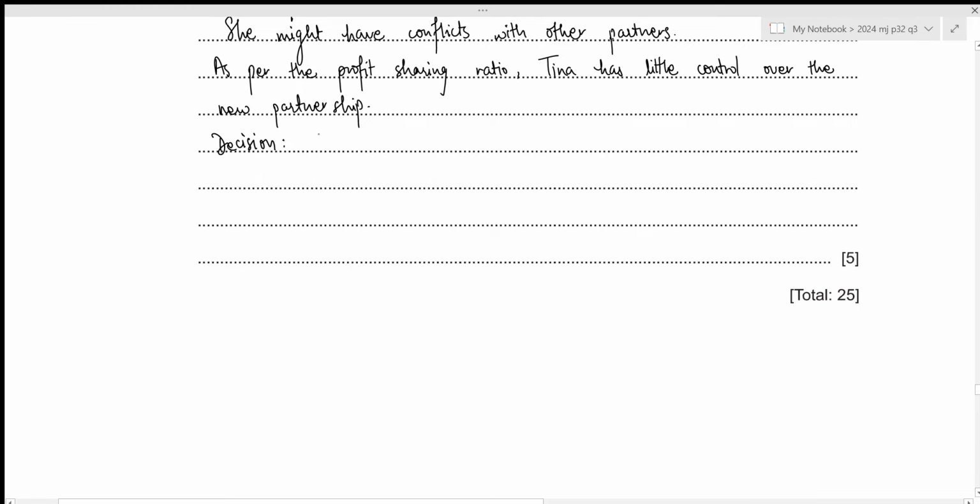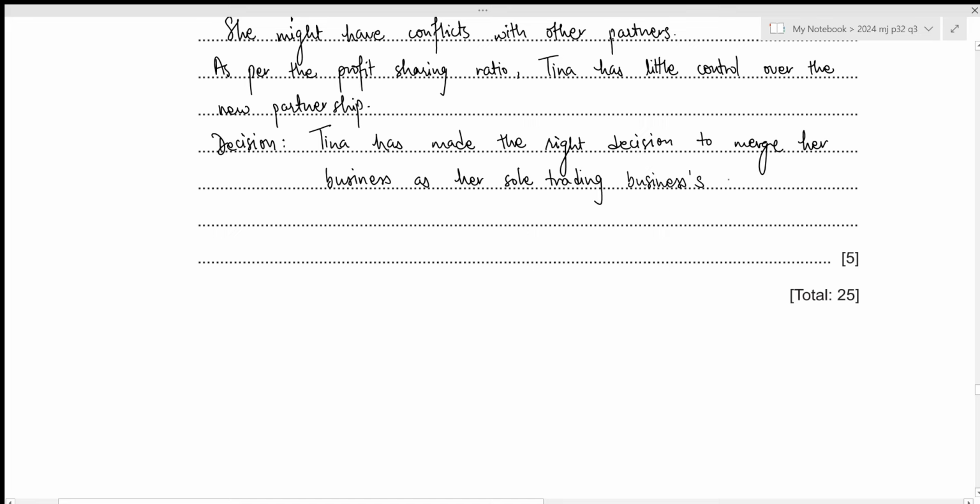So the decision is that Tina has made the right decision to merge her business as her sole trading business's profit is on a declining trend.